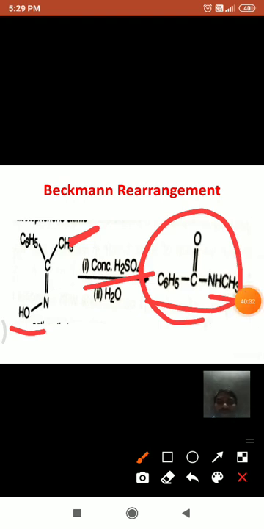Today we have studied some chemical properties of aldehydes and ketones. We discussed the addition of hydrogen cyanide. By the addition of hydrogen cyanide, aldehydes and ketones form cyanohydrins. The next reaction is the addition of sodium bisulfite.